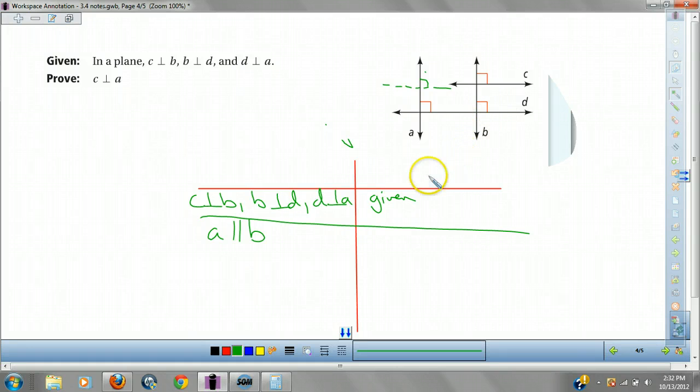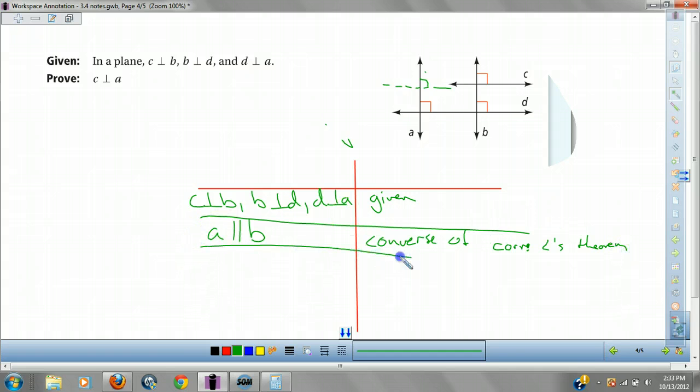That's your converse of corresponding angles. Two lines crossed by a transversal, corresponding angles congruent, those two lines are parallel.